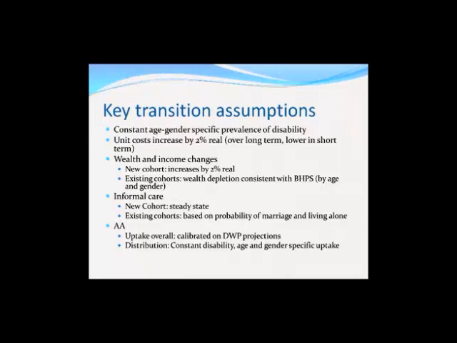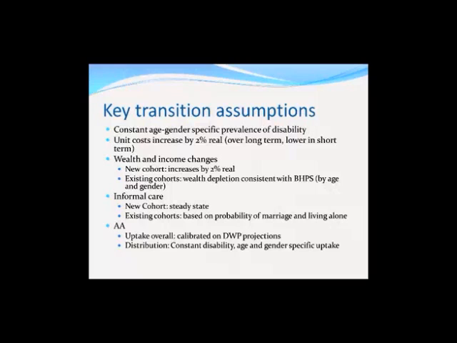The prevalence of disability might increase. We assume that in the long run we're talking about a 2% increase in unit cost, not in the short run given where we are in the economy. We have to make assumptions about wealth and income changes. We reckon that income will grow in line with unit costs.